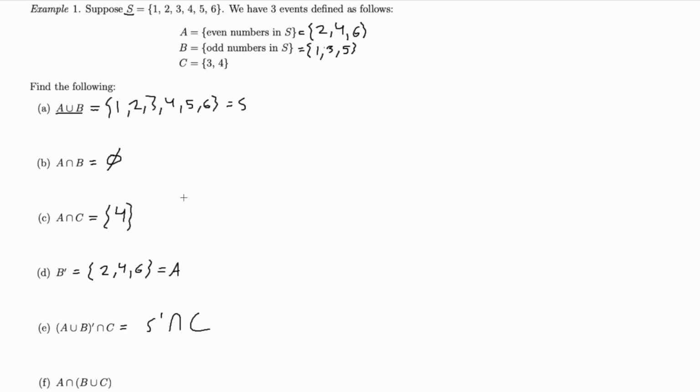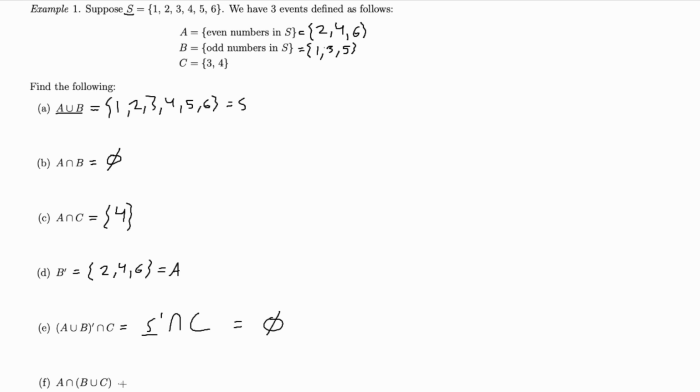But S complement is basically not those numbers. So this is basically the empty set, because S complement is the empty set, and anything in the empty set intersection C is just the empty set, nothing.